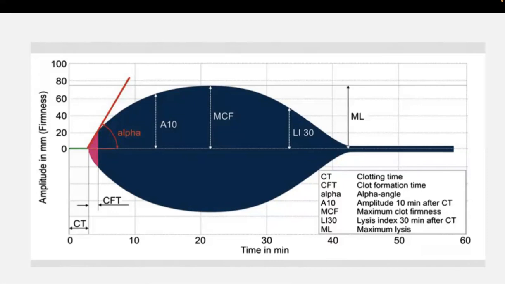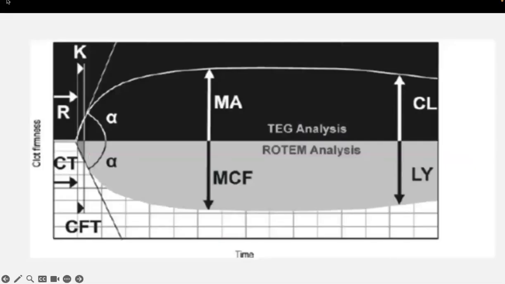And then your lysis 30 correlates with your lysis 30 of a TEG. And this is just a pictorial diagram to show you exactly how the different parameters are.